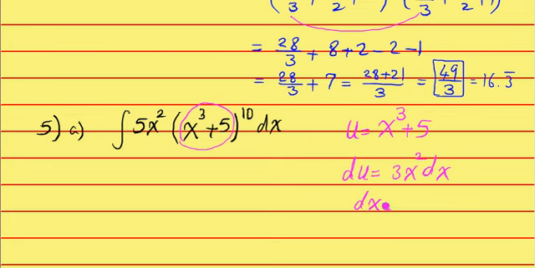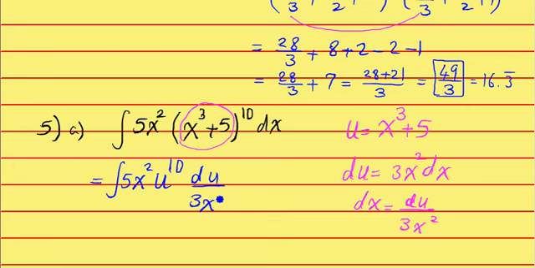They write dx is equal to du over 3x squared, and just substitute. When they substitute, they'll have 5x squared, this is u to the power of 10, and instead of dx they write du over 3x squared.